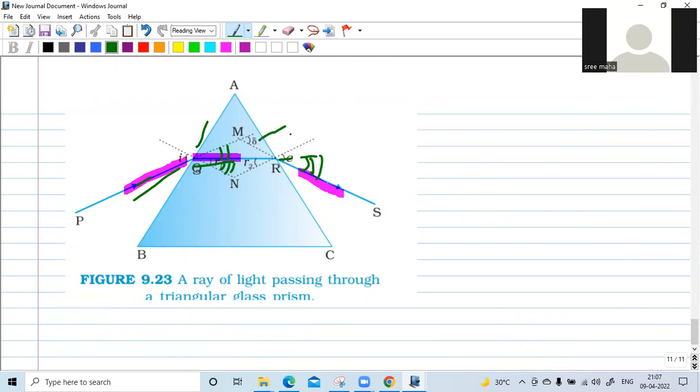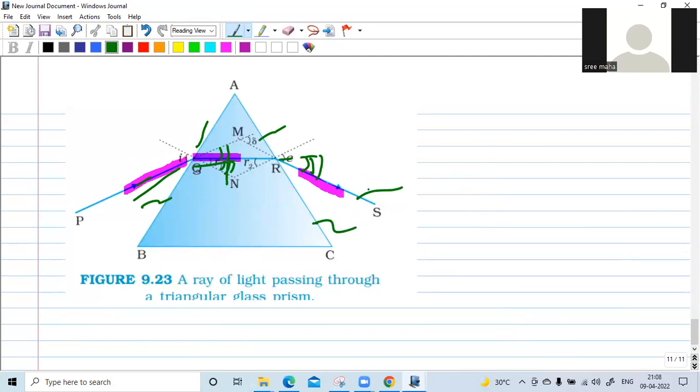QR is the refracted ray. If you consider this interface, this is the refracted ray.